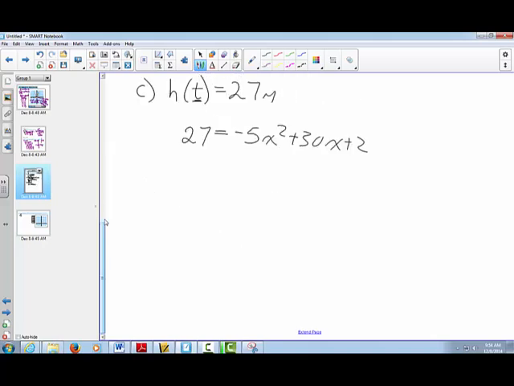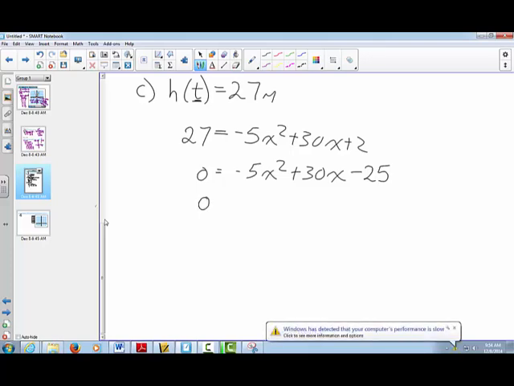Whatever method we want to use to solve will depend in a minute. So what we're going to do is have 0 equals negative 5x squared plus 30x minus 25. Personally, what I'm going to do is divide everything by negative 5.